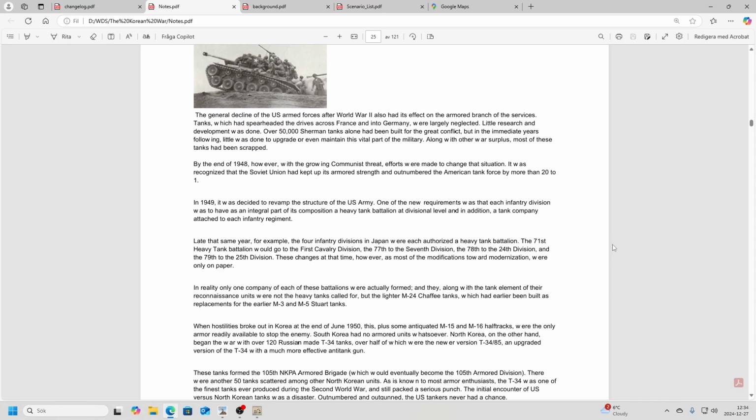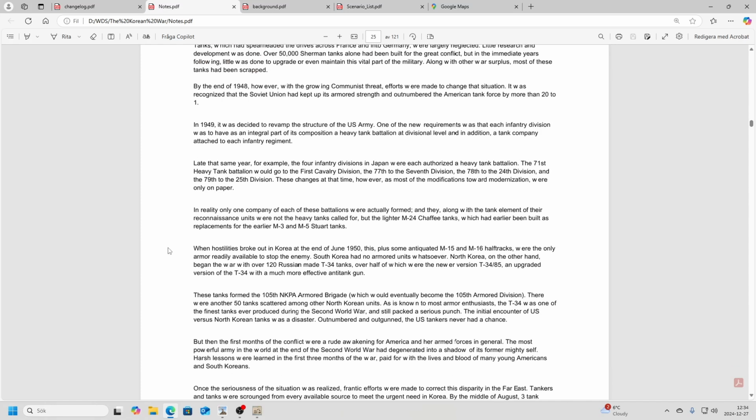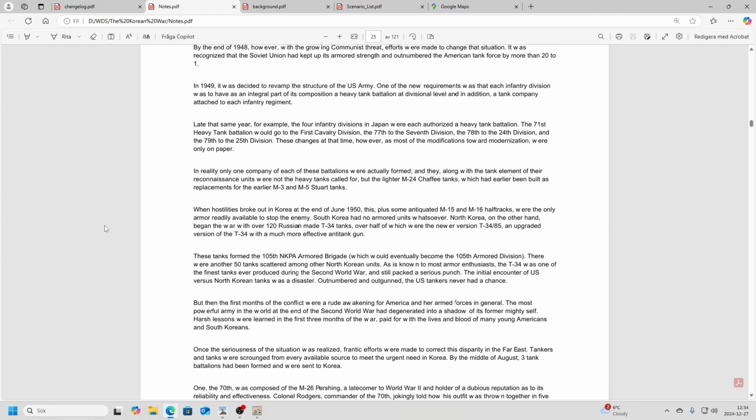The Americans really had to pull tanks from all over the place, and on paper they had heavy tank battalions attached to infantry divisions, but actually they didn't. They were often just light tanks, or not any tanks at all. They were on paper, but they were not actually built. So it takes up a lot of information about that.